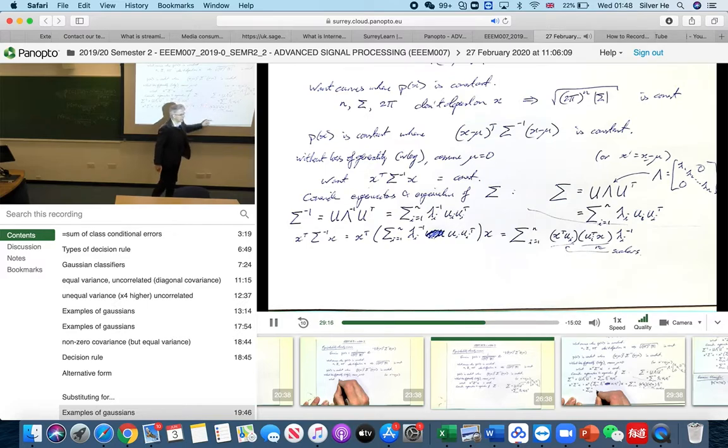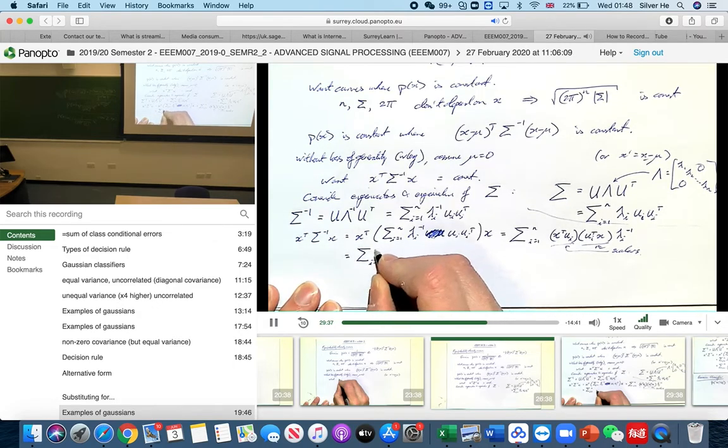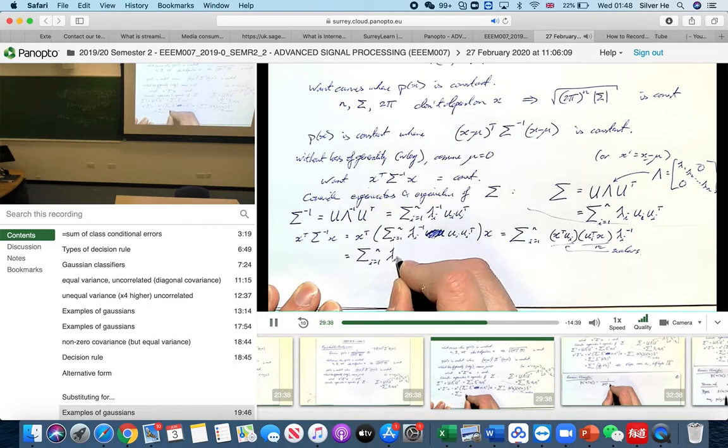So now we've broken it up into a sum of how far is x along this eigenvector, and this is just its transpose, so it's the square of that, times the lambda i to the minus 1. So we can write that out as the sum from i equals 1 to n lambda i to the minus 1 x transpose ui squared.